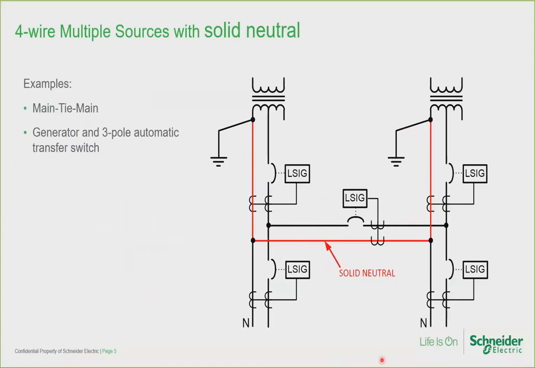Hence, there are multiple neutral grounds, which create parallel paths for neutral current and ground fault current to flow. Without a ground fault scheme, these parallel paths can cause a ground fault trip unit to fail to trip on ground fault or to nuisance trip on unbalanced load currents.